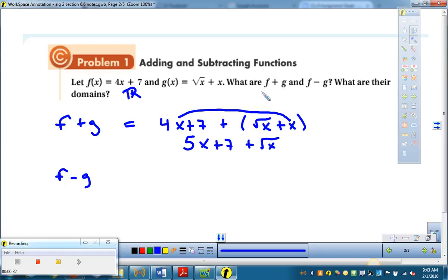What about root x plus x? Well, the plus x part can be anything, but root x, can we put anything under a root? No negatives. So for this one, x has to be greater than or equal to 0. So you choose the more restrictive of the two, and our domain here is that x has to be greater than or equal to 0.